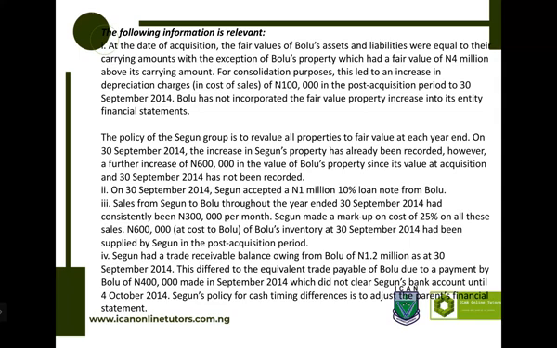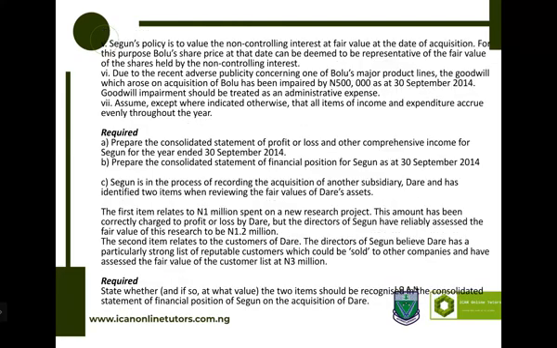Segun had a trade receivable balance owing from Bolu of 1.2 as at 30th of September 2014. This differed from the equivalent trade payable of Bolu due to a payment by Bolu of 400 made in September, which did not clear Segun's bank account until 4th of October 2014. Then Segun's policy for cash timing difference is to adjust the parent statement of financial position.